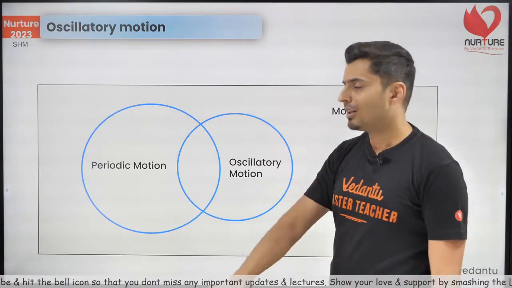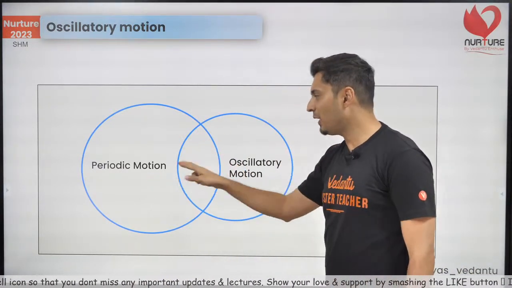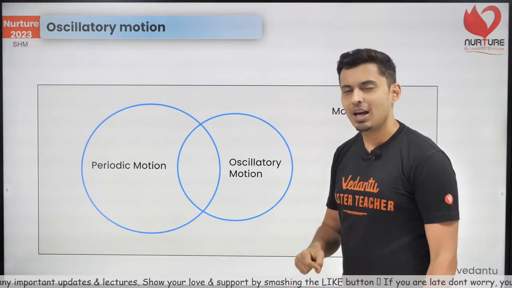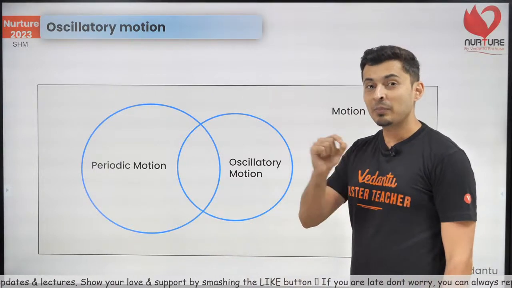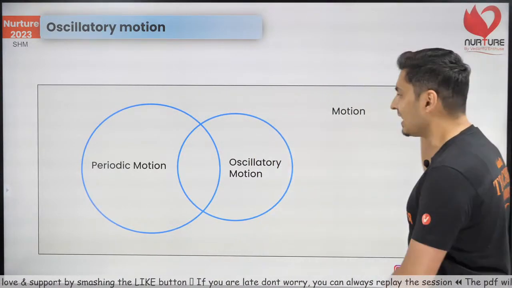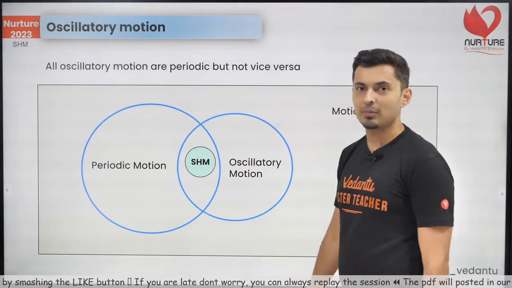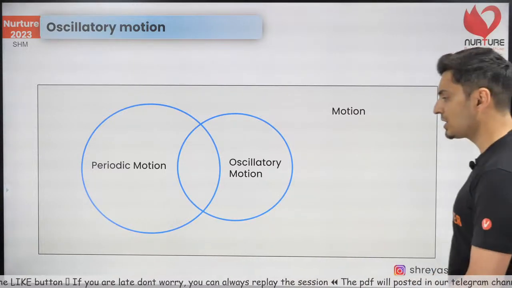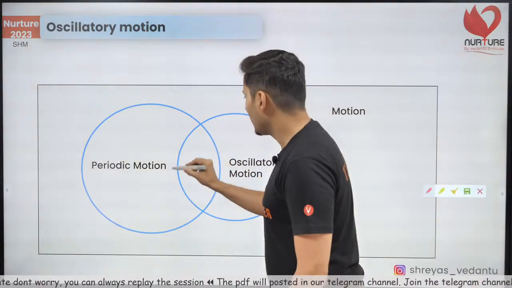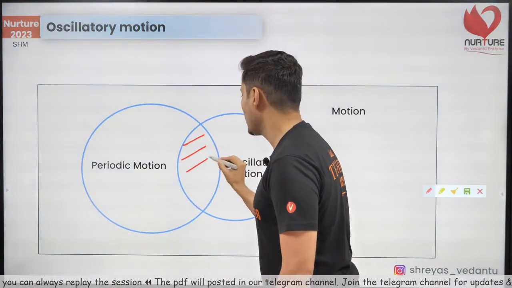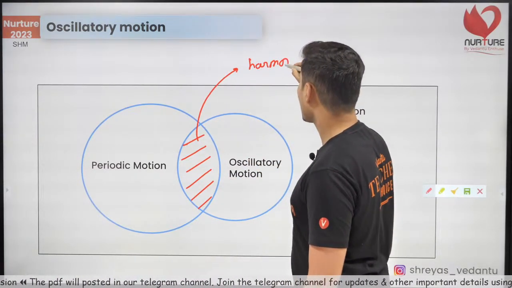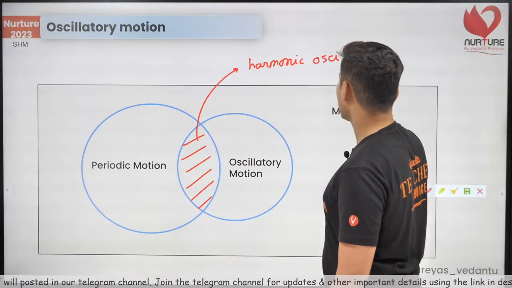In that intersection of periodic and oscillatory motion, you have a tiny mini subset, and that's a very special oscillation which is also periodic, but it also follows certain special properties, and that is called simple harmonic motion. In fact, to mention properly, all these periodic functions which are oscillatory, I can just write their intersection as harmonic oscillations.